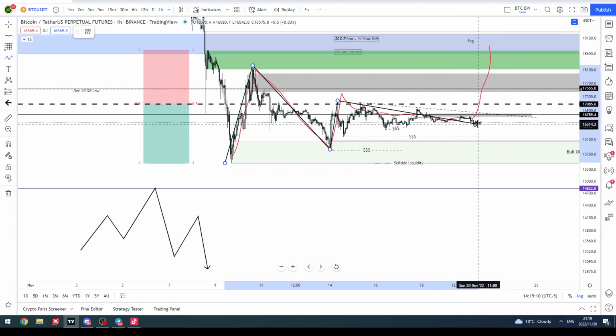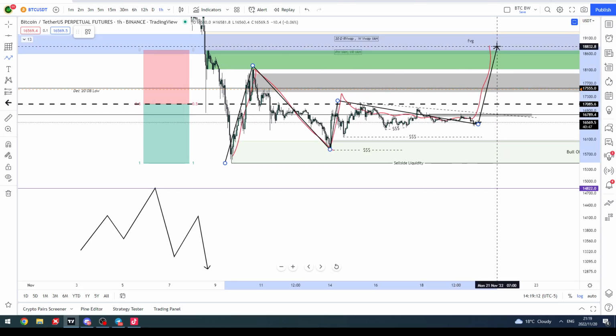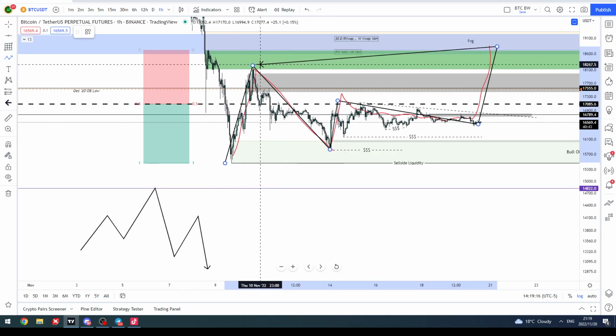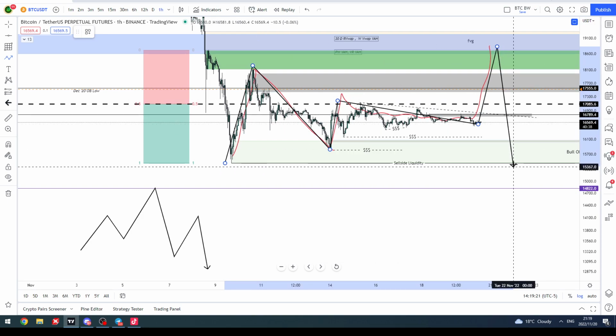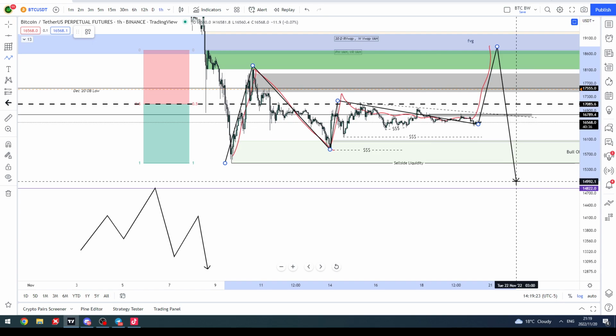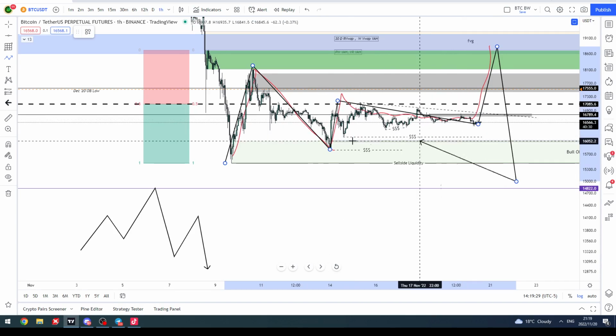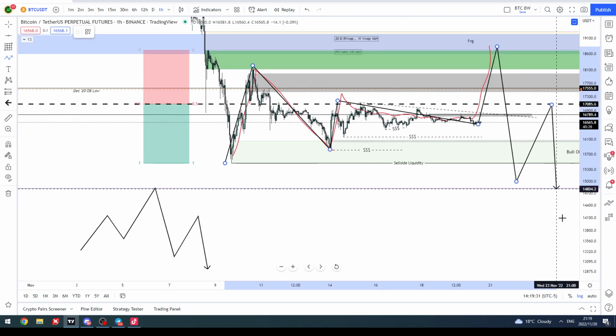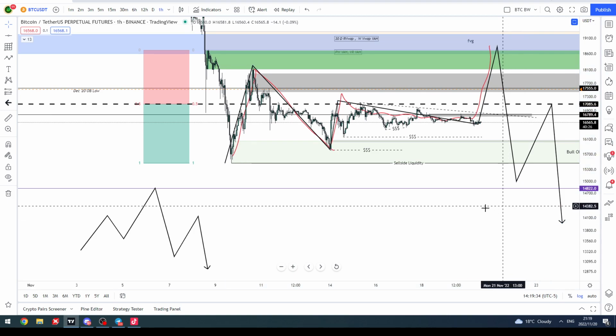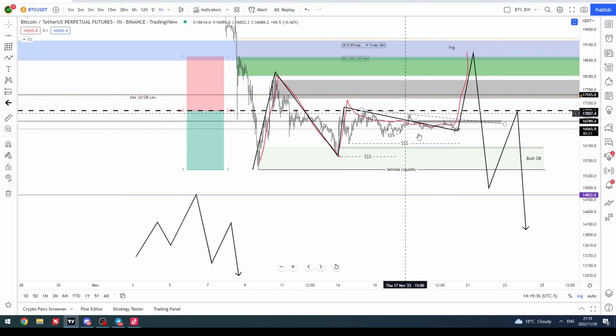Whether it comes like this, which takes the liquidity above our order block here and the highs here. Then we get a push down that breaks structure. We get some sort of retracement in here within this order block in the middle here. And then we head lower, right? So this is the idea that we're going to frame to use for BTC, right?